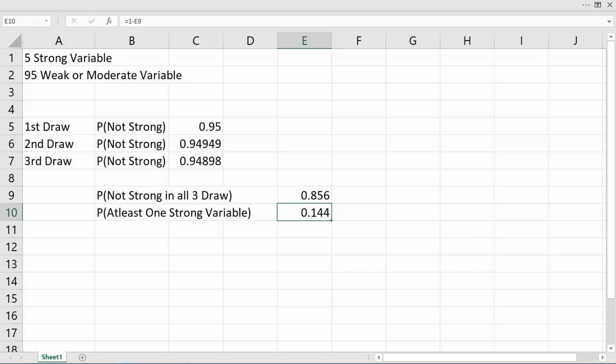What it means is 14% of the trees will have a strong variable splitting the root node, and the remaining 85.6% of the trees will not have a strong variable splitting the root node, which means approximately 85% of the trees will be made of a weak variable or a moderate variable.